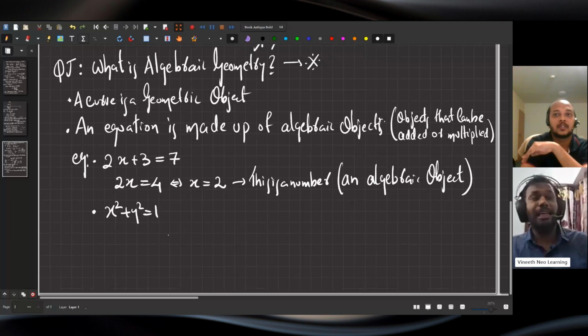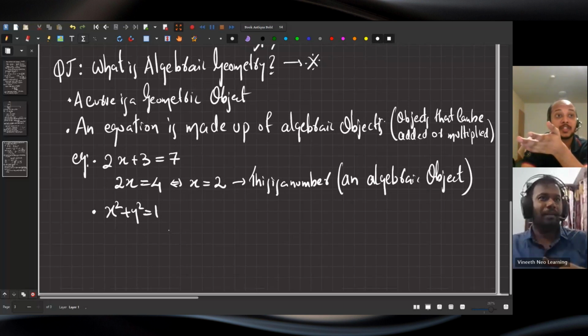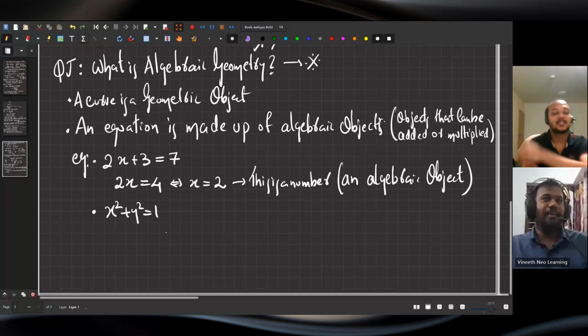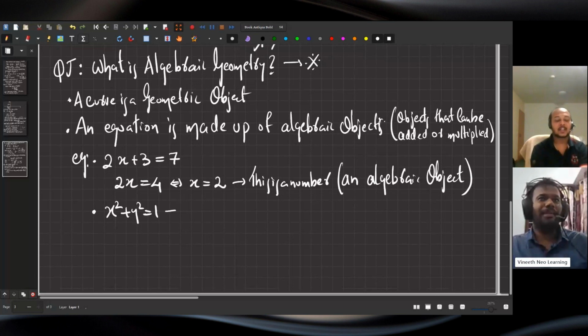We are dealing with algebraic equations that give rise to a curve, a surface, or a volume, which are geometric objects.